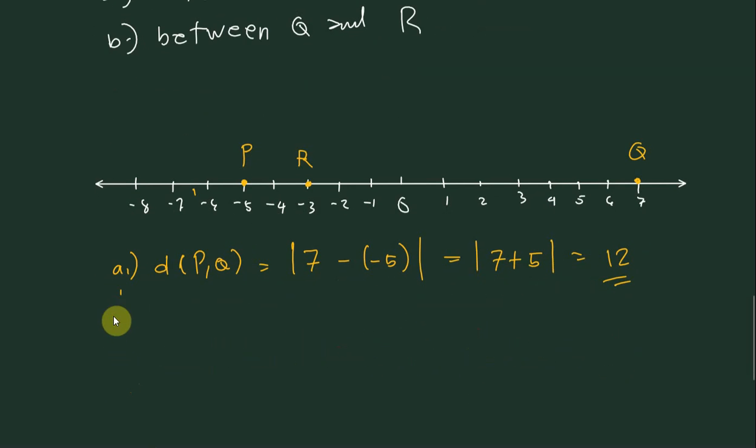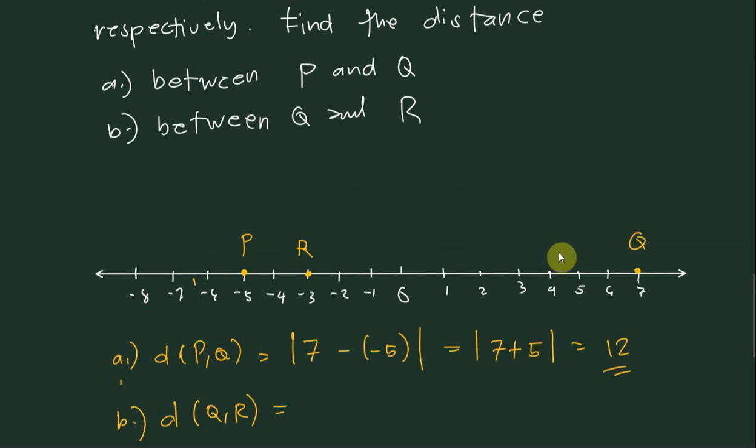Now let's go to B, the distance from Q to R. So negative 3 minus 7, we have the value of negative 10. That would be the negative of negative 10, so we have 10.